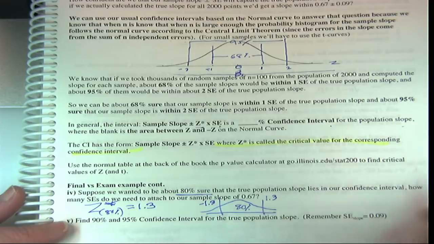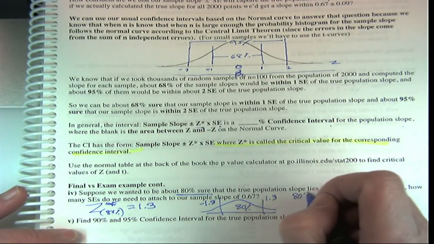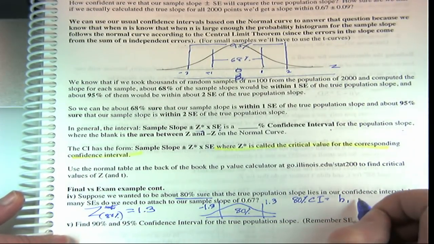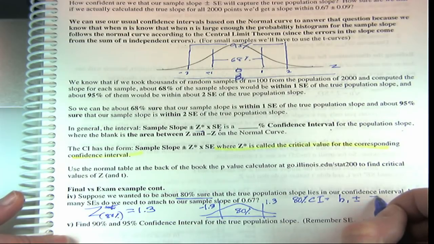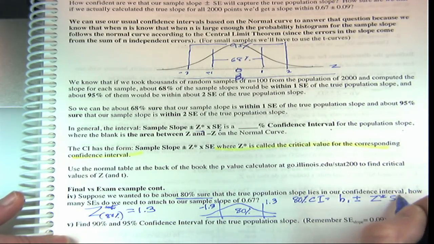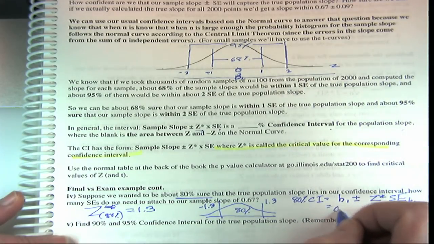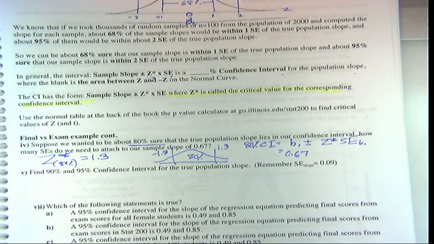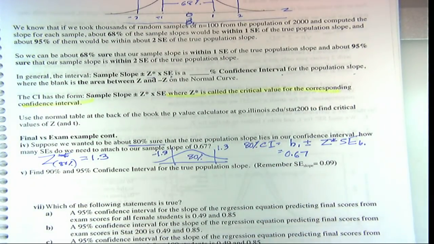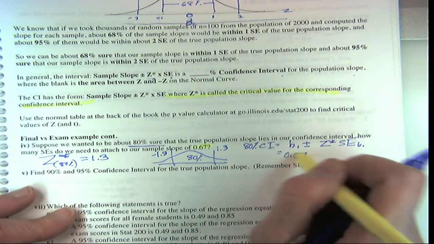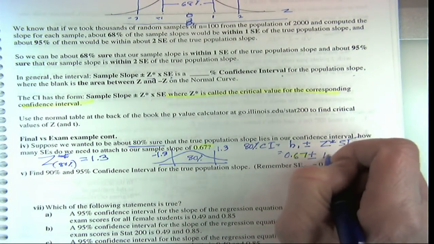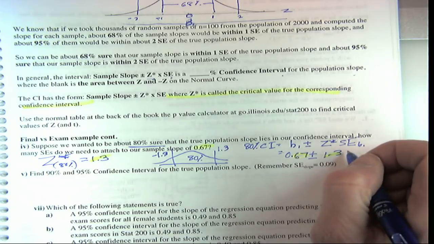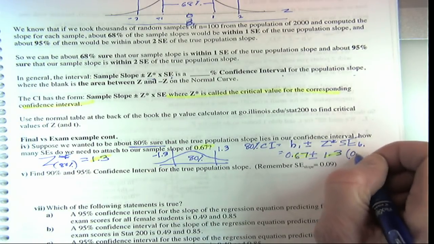So if we wanted to do an 80% confidence interval, what would we do? An 80% confidence interval is going to be equal to our sample slope, which is 0.67, plus or minus this z star, 1.3, times our standard error for B1, which we just figured out on the other page, 0.09.